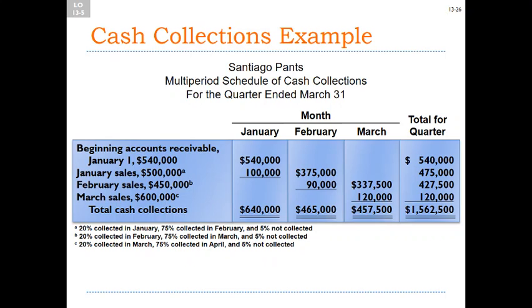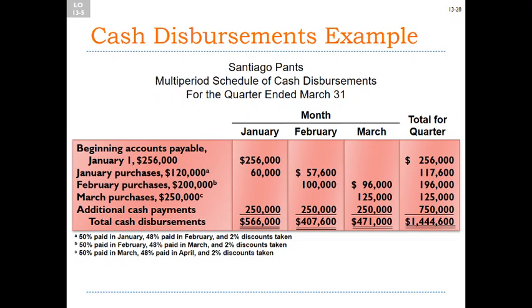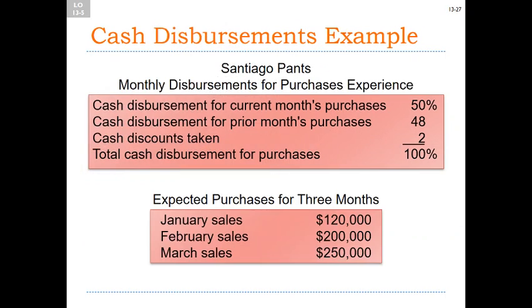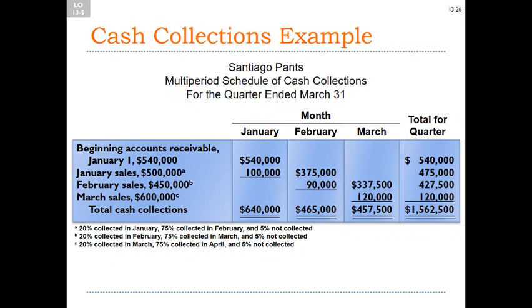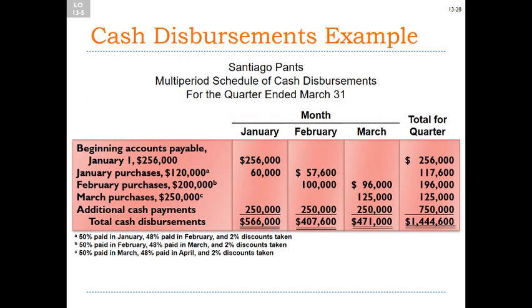If you look back at the numbers, cash collection 640 versus 566. In February, 465 versus 407, and then 457 versus 471.